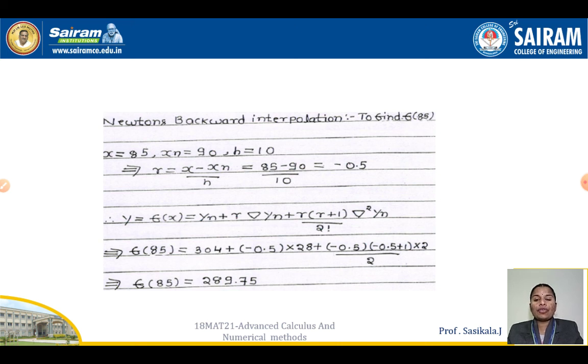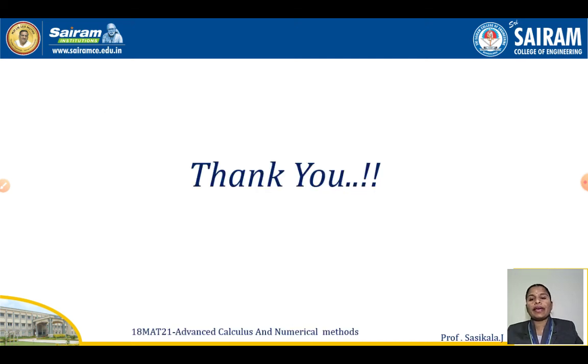Now substitute in the backward difference formula, substitute the values and simplify. yn is taken from the last value of the y column, delta yn from the last value of the delta y column, and delta squared yn from the delta squared y column. Substituting those values, you will get f of 85 as 289.75. So this is about Newton's forward and backward interpolations. Okay, thank you.